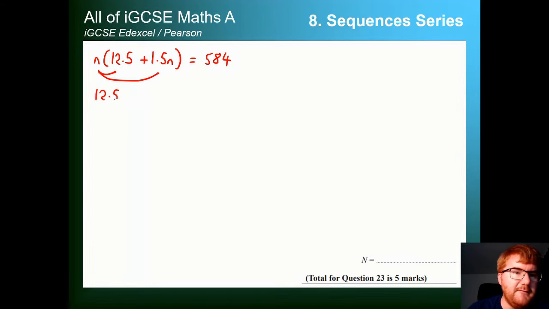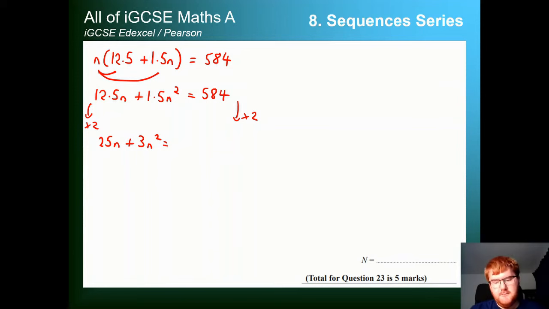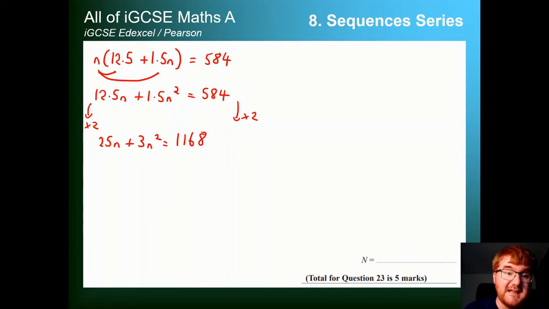We'll multiply out the brackets, again just taking our time here. So we get 12.5n plus 1.5n squared is equal to 584. I generally don't like decimals, so I'm actually now going to multiply by 2 on both sides. That then gives us 25n plus 3n squared is equal to 584 times 2, 1,168.